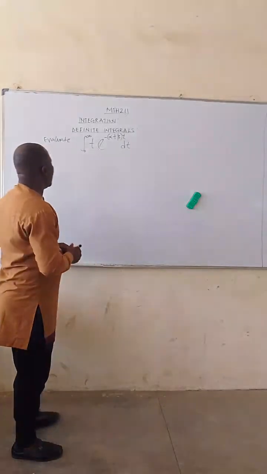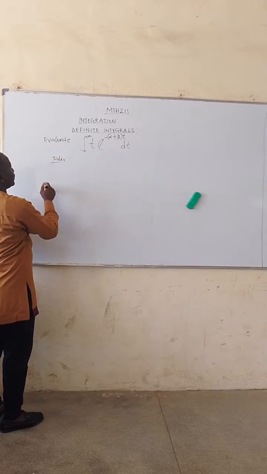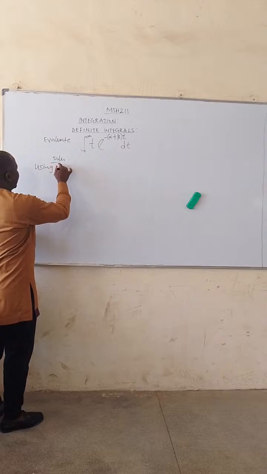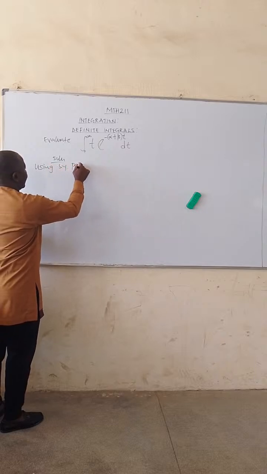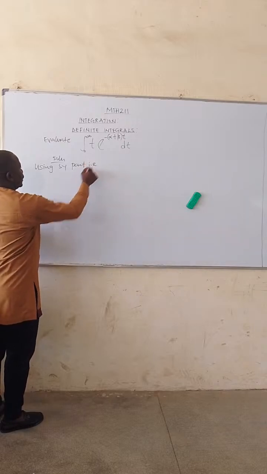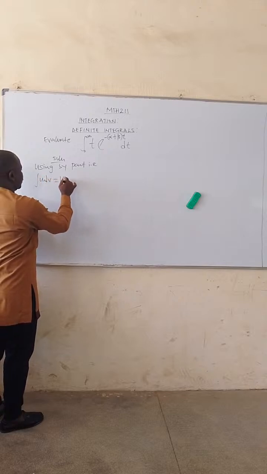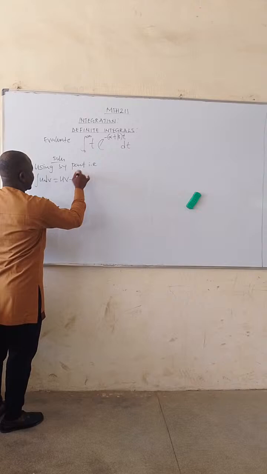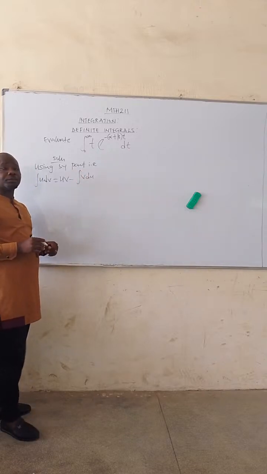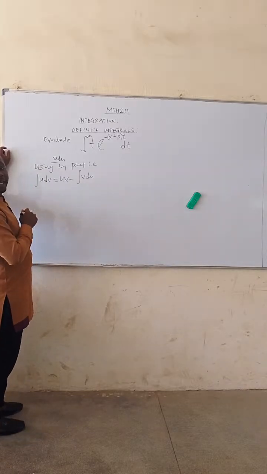Okay, so what we need to do here is we write the solution. We now say using by parts, the formula is integral u dv equals uv minus integral v du. Amen? Okay.